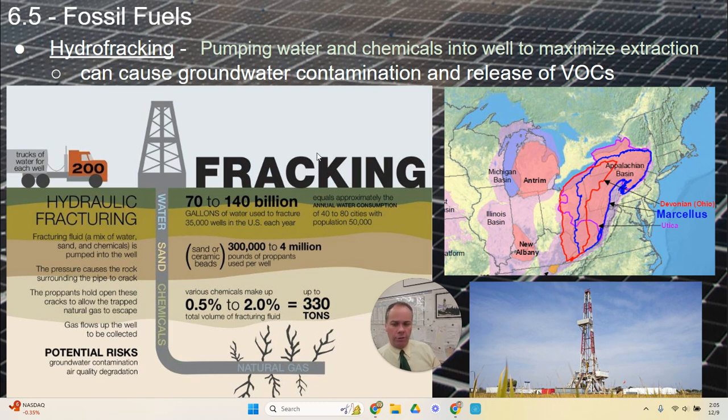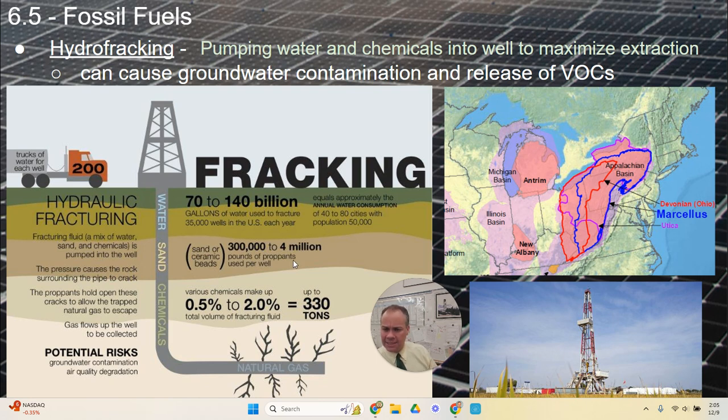But there are risks with hydrofracking. There's several risks. A couple of things that are important to consider is it uses huge amounts of water that has to be trucked in because that water gets pumped into these wells to fracture the rock. And that water is actually contaminated, or things are added to that.